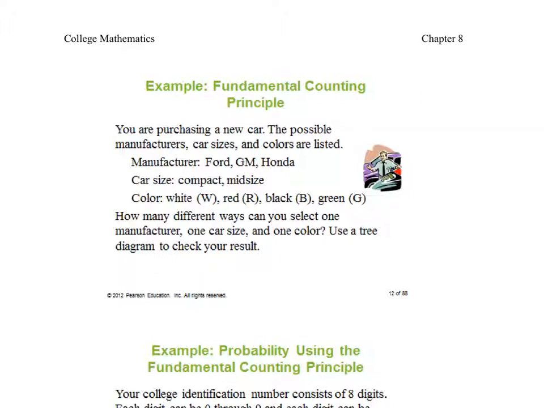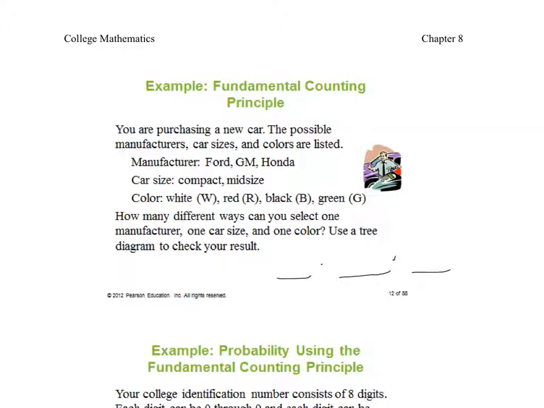Now it says use a tree diagram to check your result, but we don't need to do that. Instead, we know we're going to be choosing a manufacturer, a car size, and a color. So I'm going to put down 3 blanks, and with our fundamental counting principle, we're going to be multiplying together how many choices we have in each blank to get our total number of ways we could select this car.